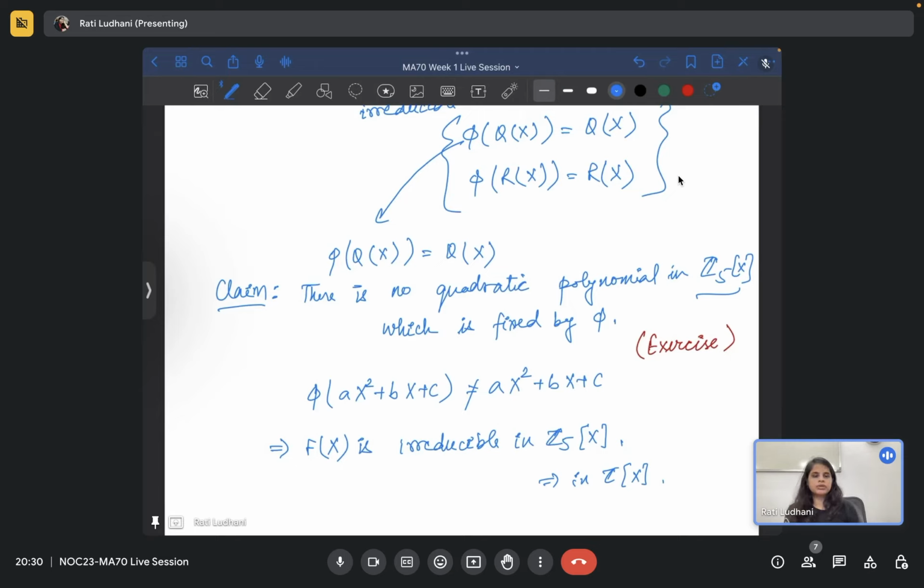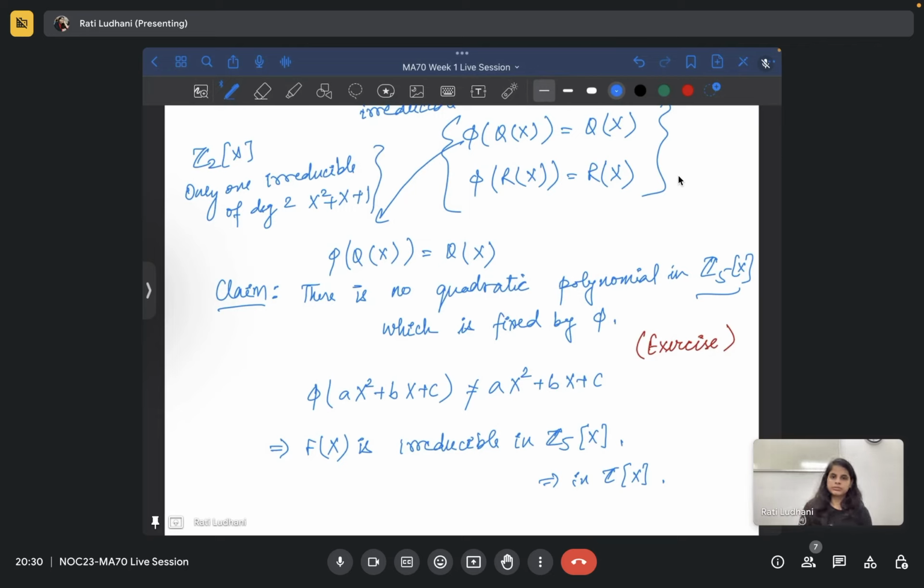Because, for example, in Z2[x] there is only one irreducible of degree 2, that is x square plus x plus 1. Oh, yeah, I understood.